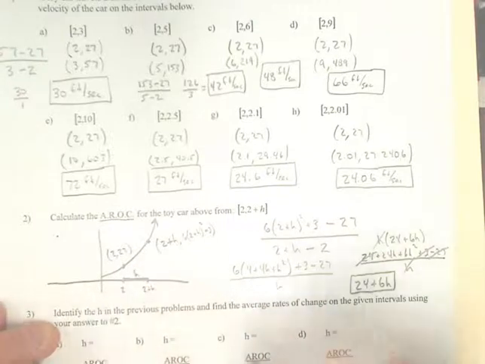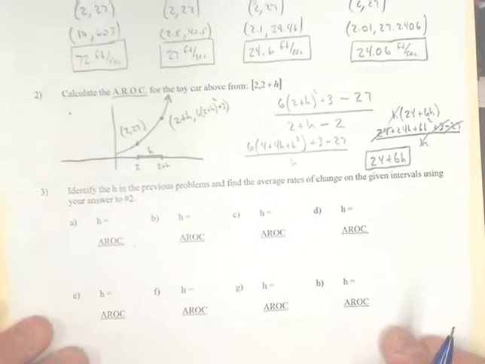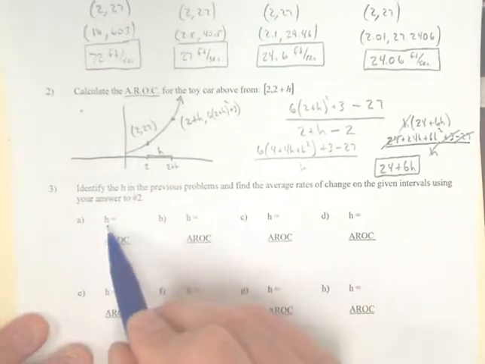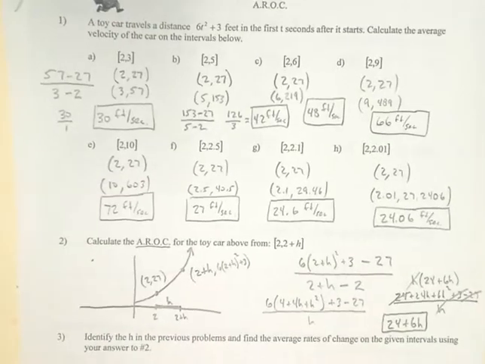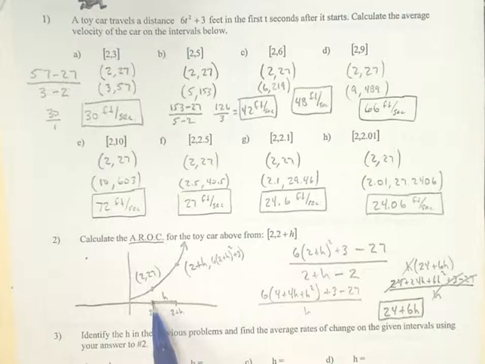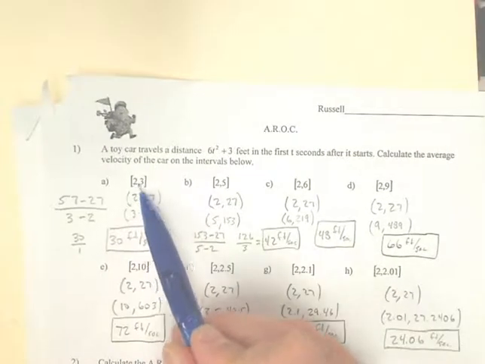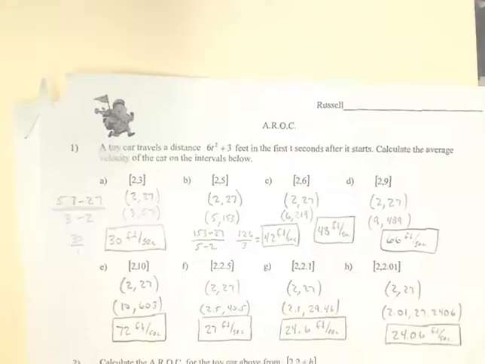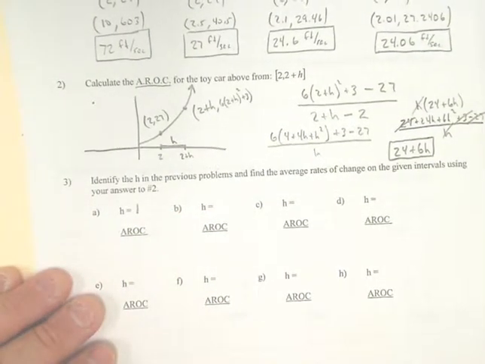What you're going to do down below is use that expression. First, identify what the h is in the previous coordinate points. The h is the distance from the dot that started at (2, 27) to the second dot, the x value distance between the two. What is the distance from 2 to 3? One unit. So the h value is 1.